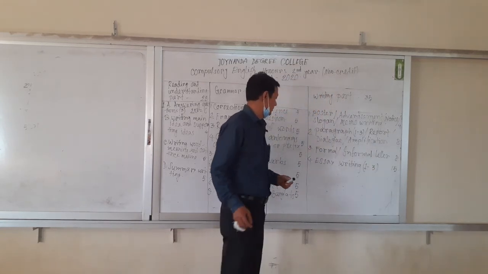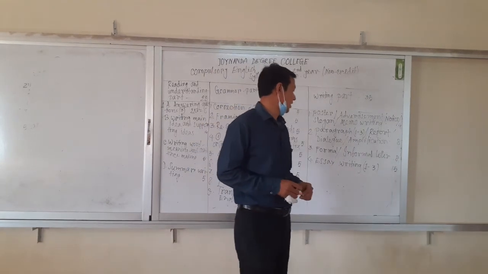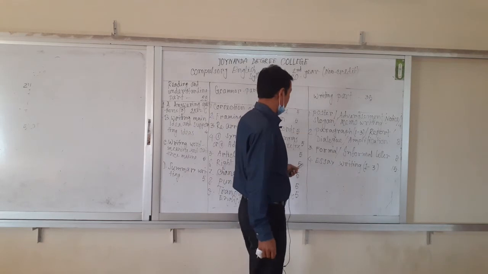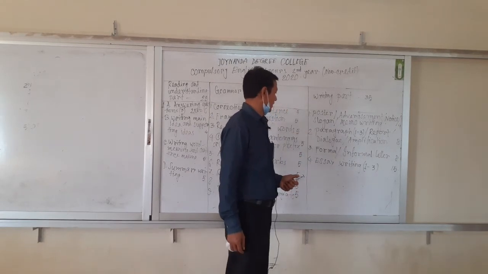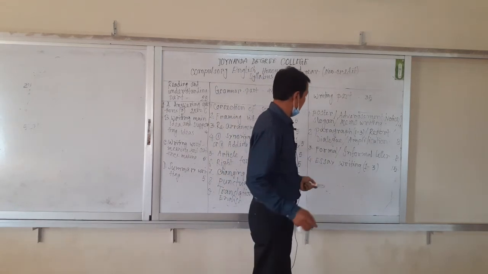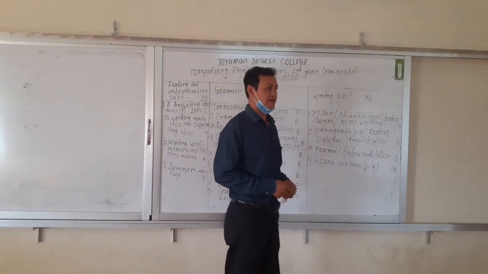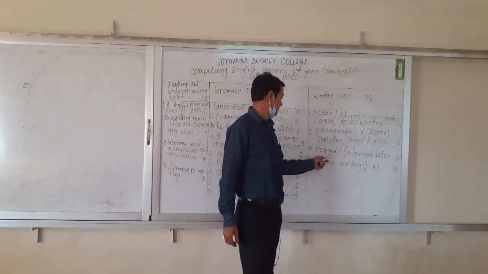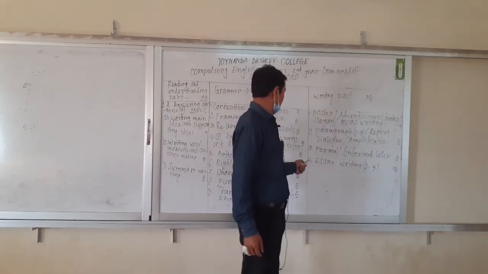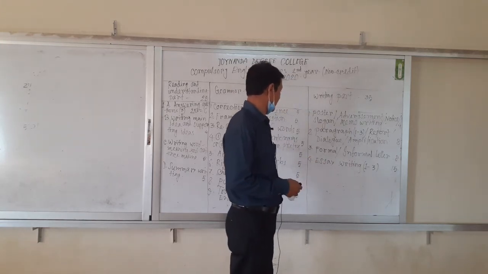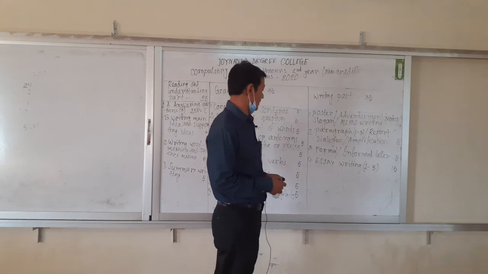Number 3, formal or informal letter. You have to write a letter. Usually 2 kinds of letters are given and you have to answer any one of them. Formal letter is divided into 2 kinds.